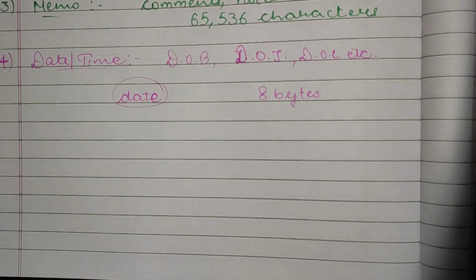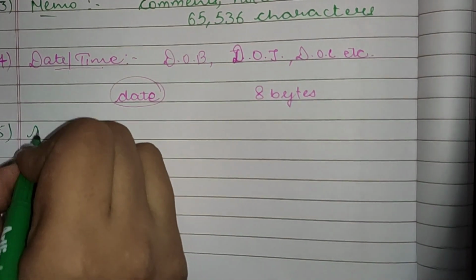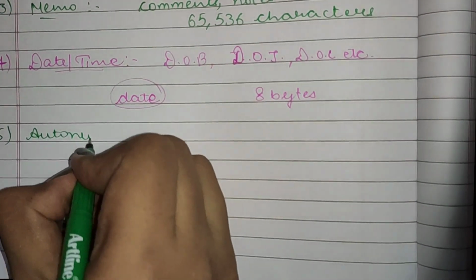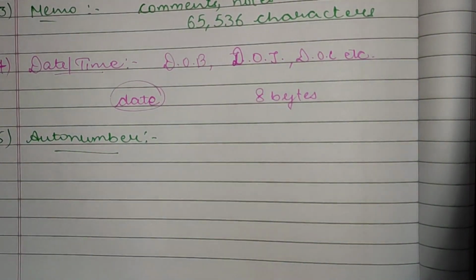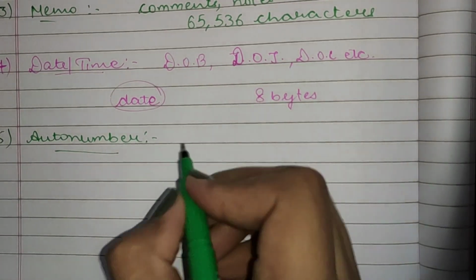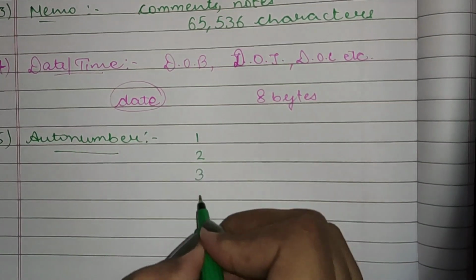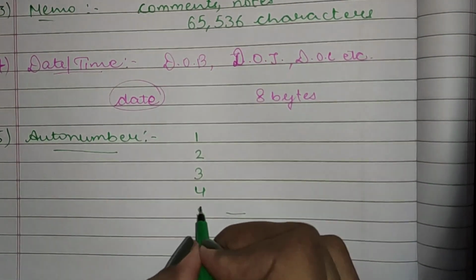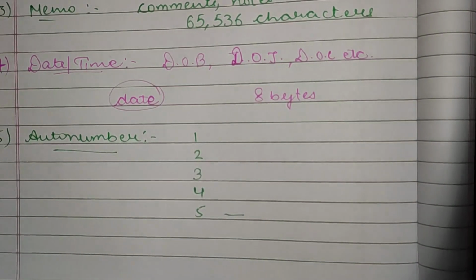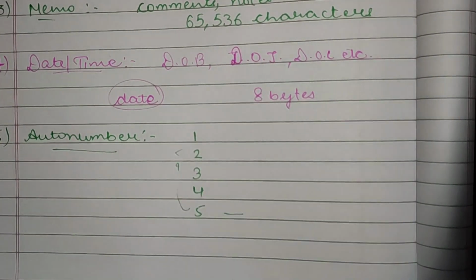Now the fifth type of data is auto number. It generates a sequential number when a new record is added to a table. For example, you have already added 4 records in a table and then you are entering a record here, so it will generate the number 5 automatically. This is the main work of this data type, and you cannot change that sequence.